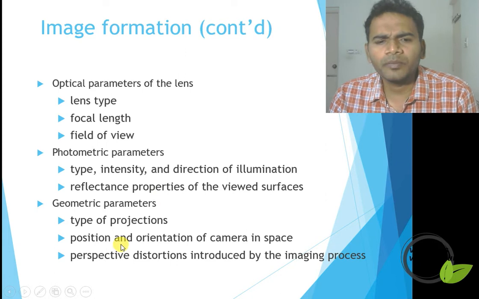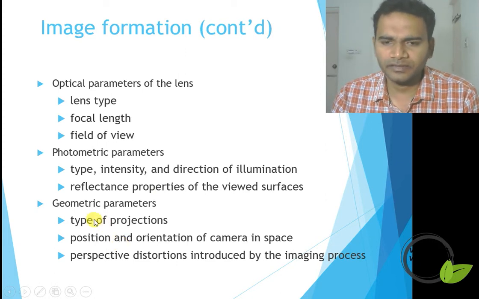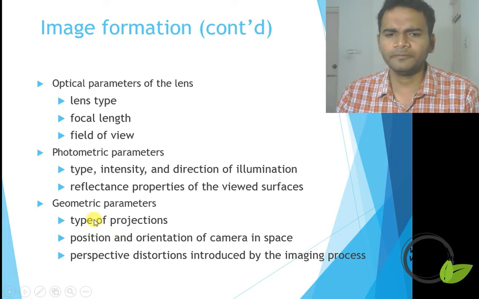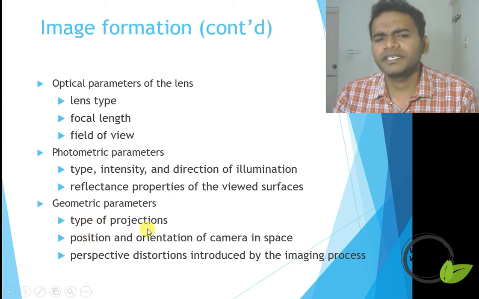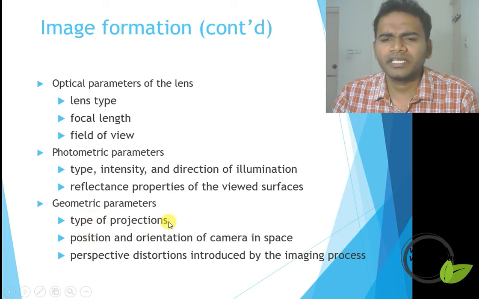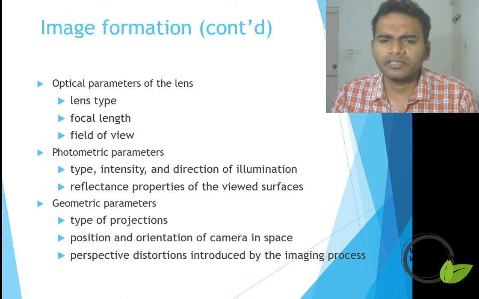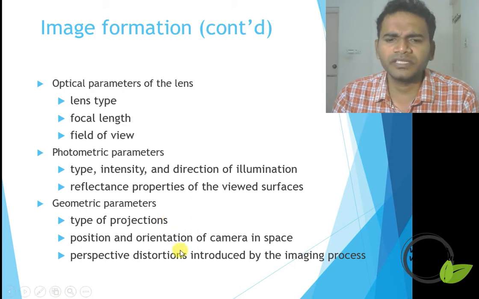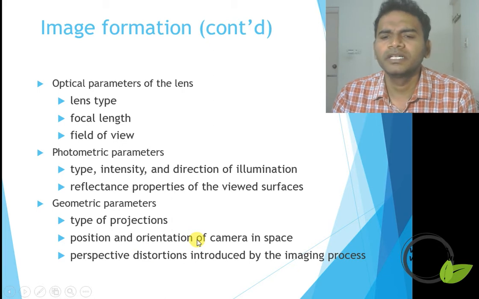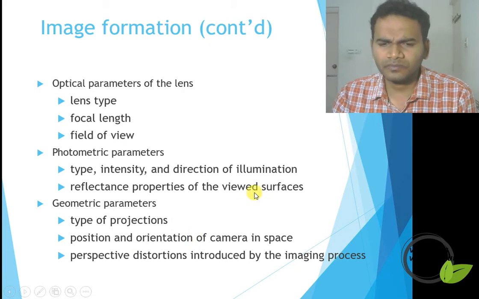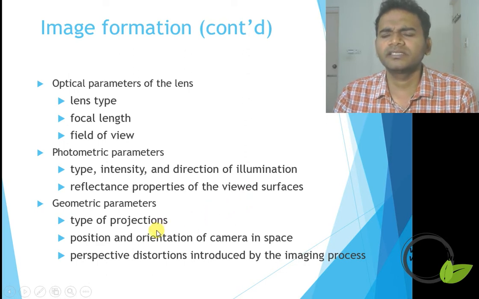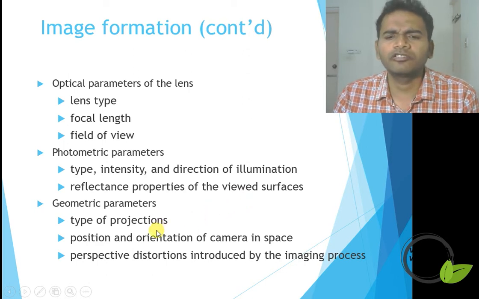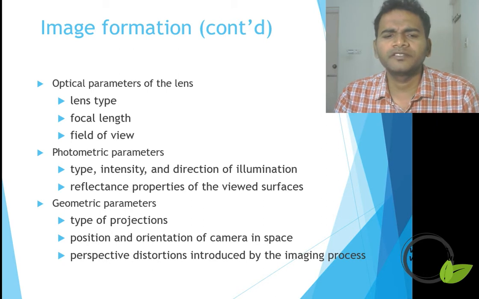And geometric properties are the type of projections, that is, how you project your camera in order to get a clear image. First is the type of projection: what kind of projection you are using, a direct light focusing based projection, etc. Then the position and orientation of the camera in space. A camera has different orientations and positions in an open 3D space in order to acquire an image.